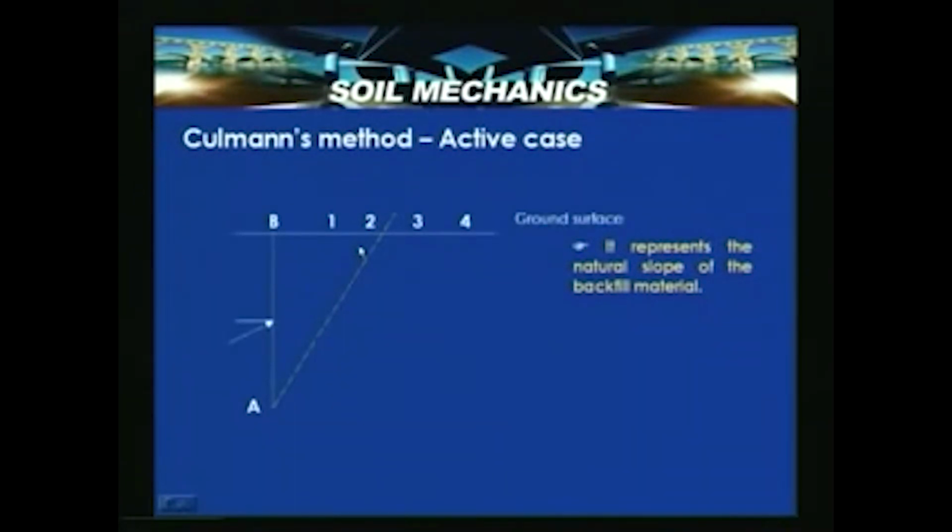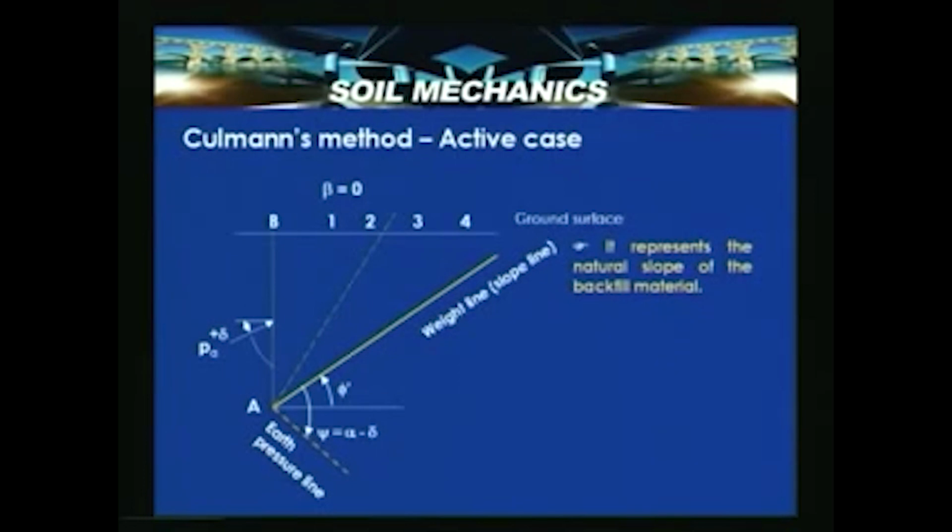Now once again, draw this earth pressure line. This earth pressure line has to be drawn at psi, equal to alpha minus delta, inclination from the slope line. Please note, the earth pressure line has to have an inclination of psi equal to alpha minus delta.